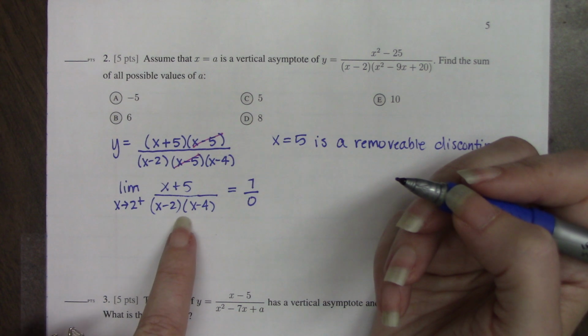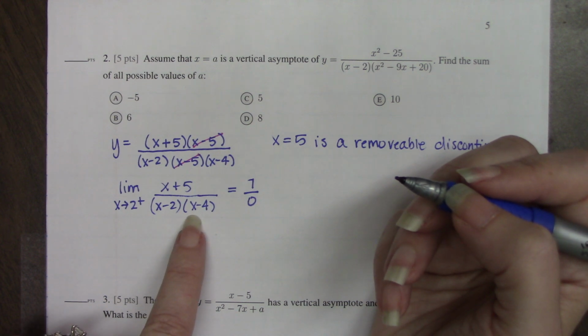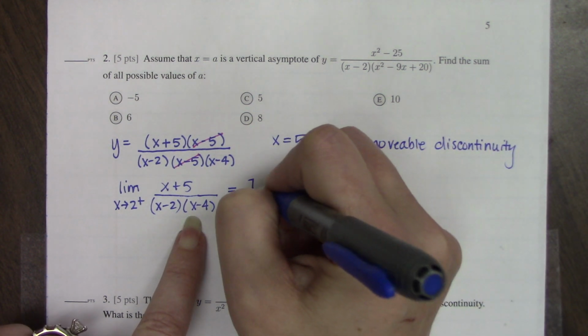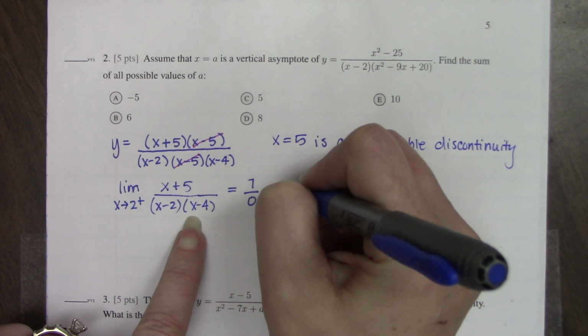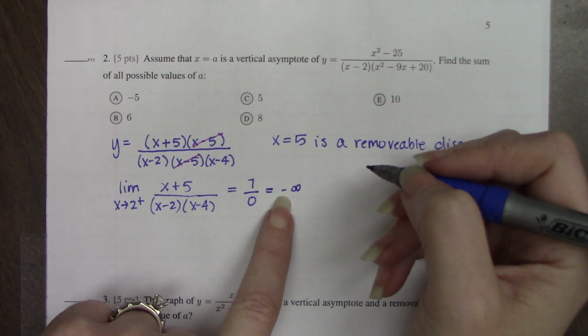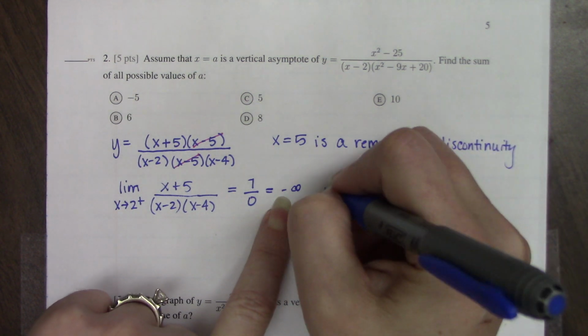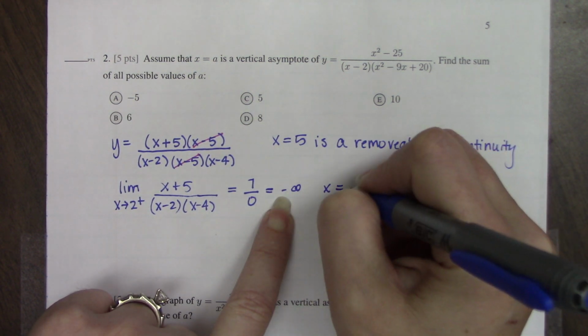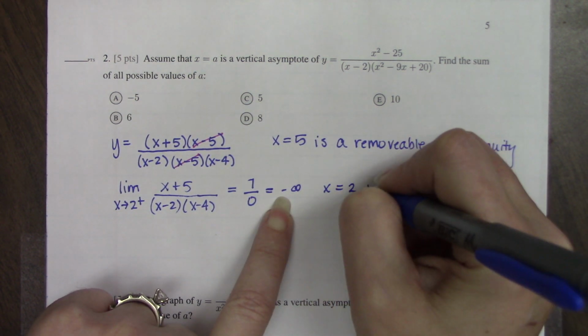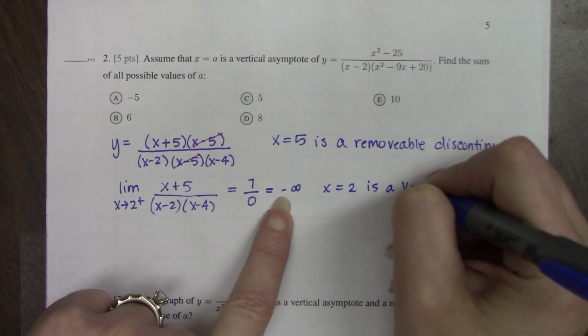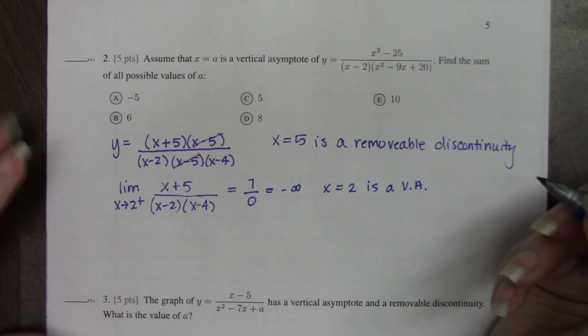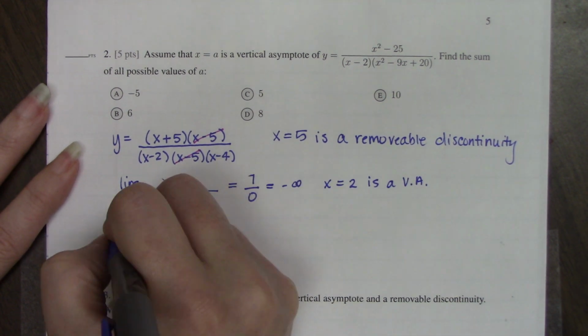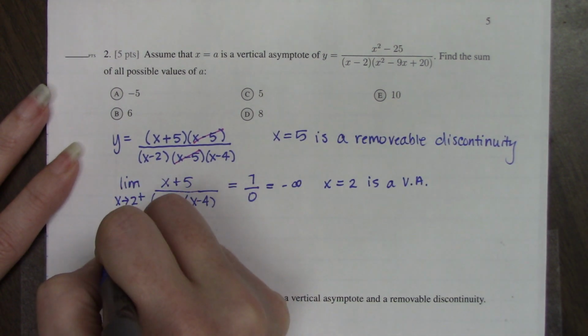And so we're going to get that this limit approaches negative infinity. Now, all it has to do is approach some form of infinity, and we can conclude that x equals 2 is a vertical asymptote.